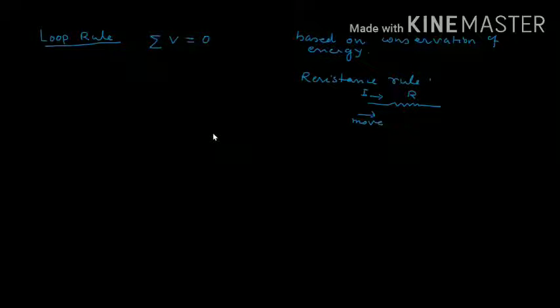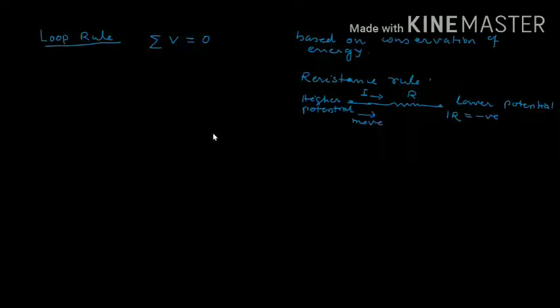Then the product IR is taken as negative because this side is higher potential, and the right side is lower potential. Current flows from higher potential to lower potential, and we move in the direction of current.